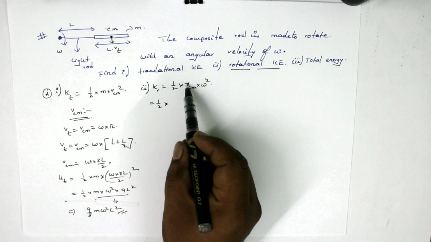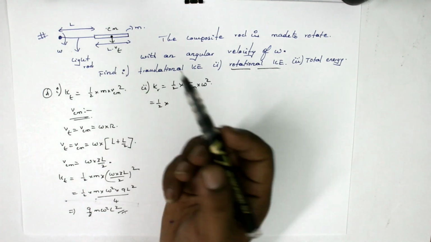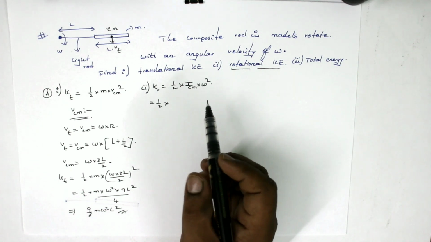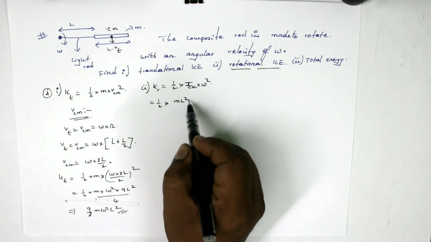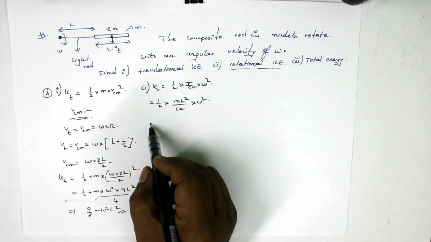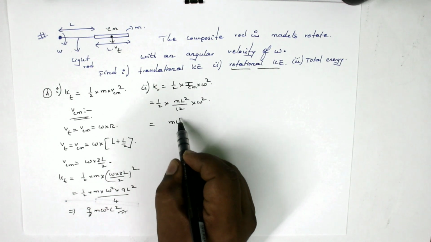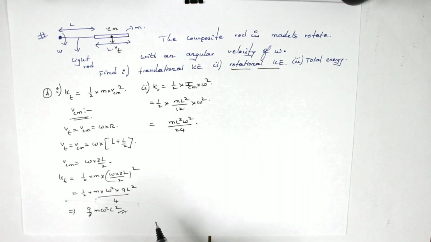Now we know that the moment of inertia across the center of mass of a rod is nothing but ml square divided by 12. Therefore half into ml square divided by 12 into omega square, so this is equal to ml square omega square divided by 24. So this is our answer.